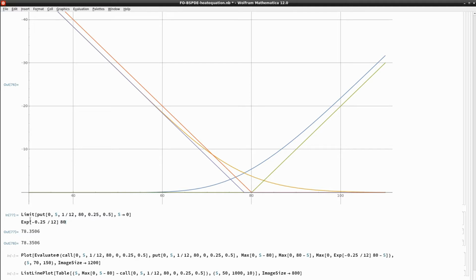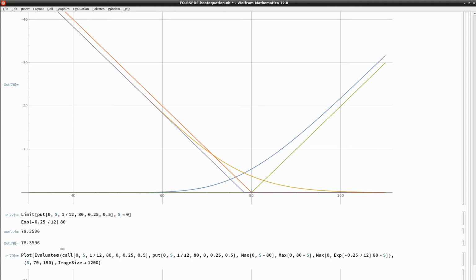It is the discounted strike, right? It's 80 times this exponential function here, right? Minus 25% taken for a month. We get the same value here, right? The discounted strike is the same as the European put price in that limit, only in that limit case.